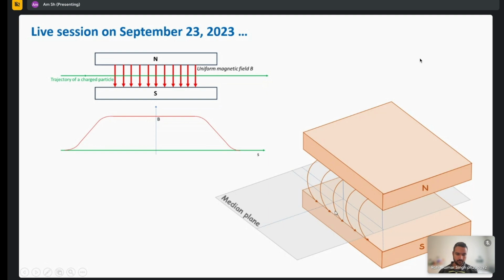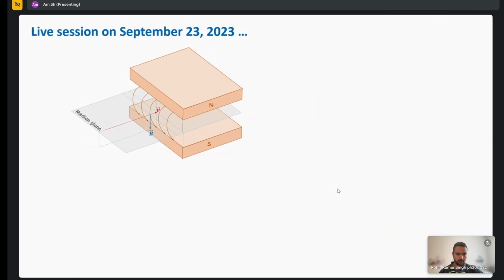In that case there will be a vertical component and a horizontal component in the plus s direction. So inside the magnet body there will be only a vertical component, but at the edges there will be a horizontal component also. These horizontal components actually impart a force in the vertical direction, and that is responsible for the focusing and defocusing.